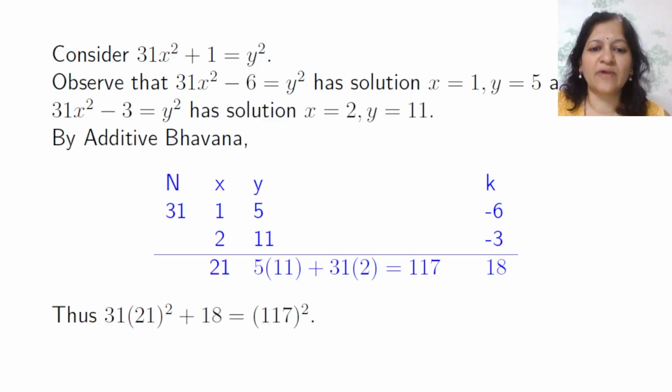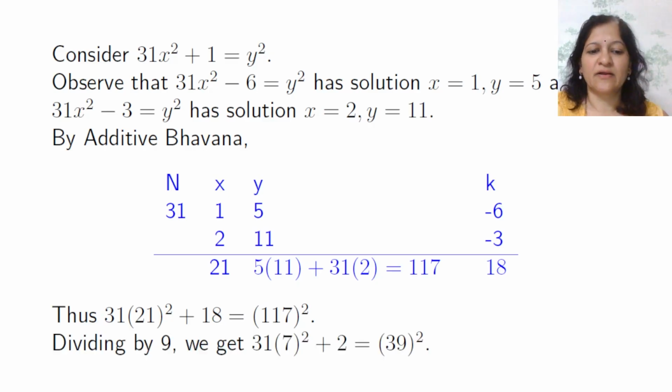But now from additive Bhavana, from these two solutions, we can find the solution of the third equation, which is 31x² + 18 = y². Then dividing both sides by 9, we get 31x² + 2 = y².